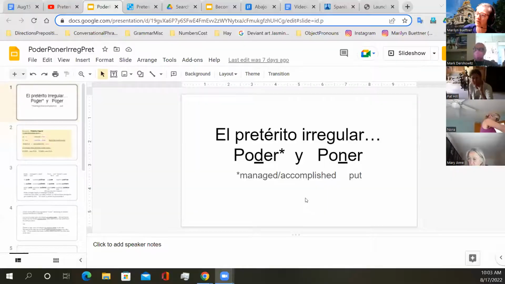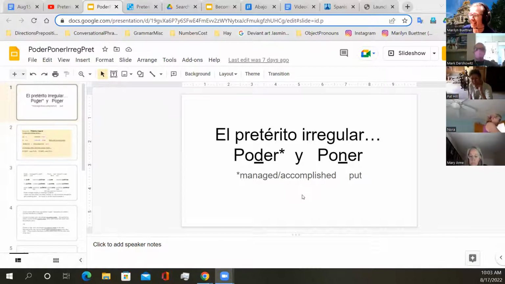What I want to practice today is these irregular preterites in twos, because we're going to focus on these two today, poder y poner.